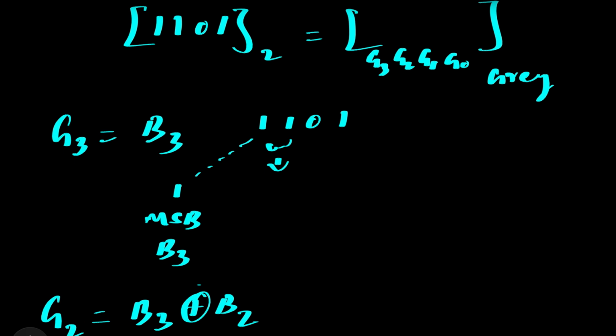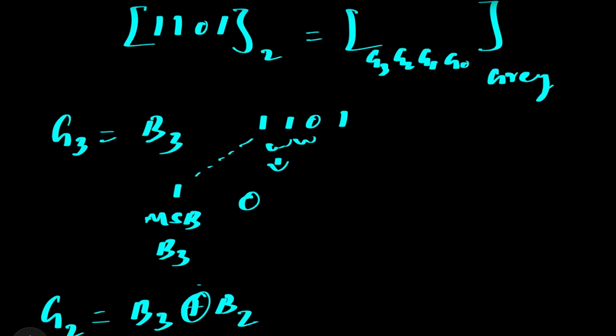So the MSB here is 1, and the next bit is bit 2. So 1 XOR 1. If the inputs are the same, then we'll get a 0. Now bit 2 XOR bit 1, so 1 XOR 0.